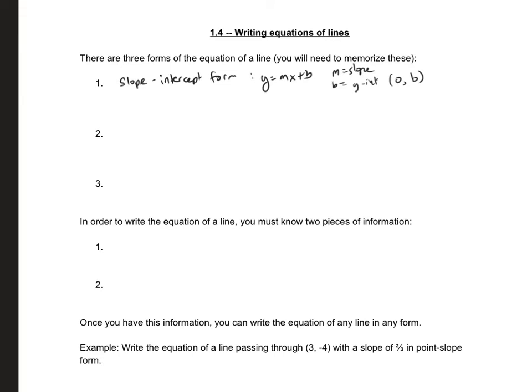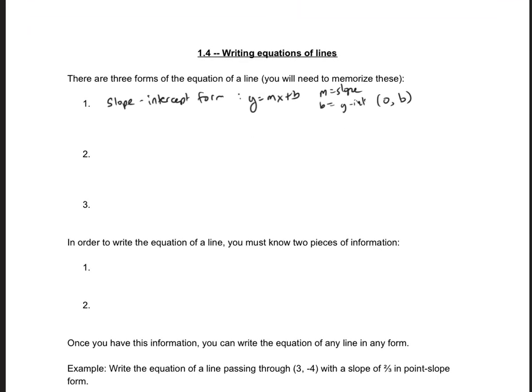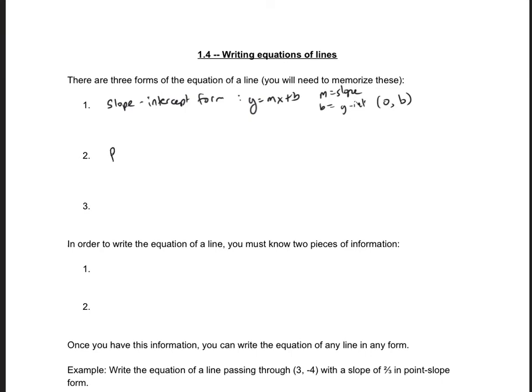Now, one you might also have learned about in Algebra 1, but haven't used as much, but it's really super useful, is point-slope form. Point-slope form is y minus y1 equals m times x minus x1.